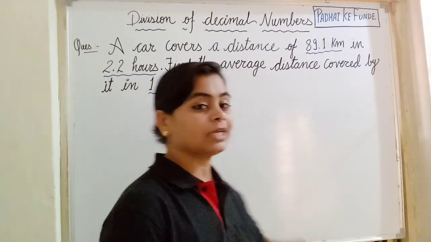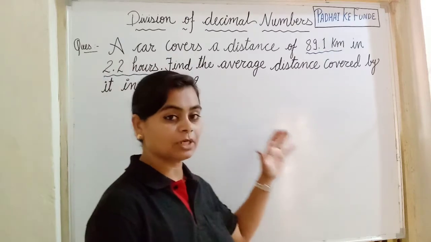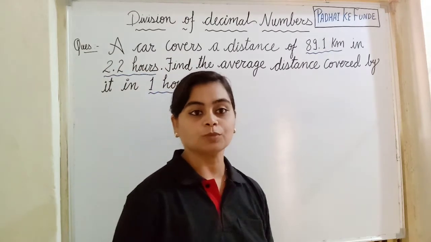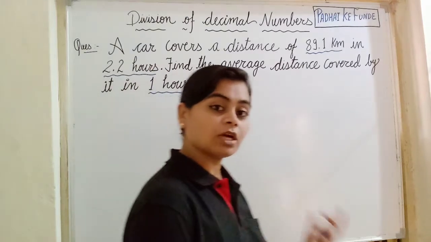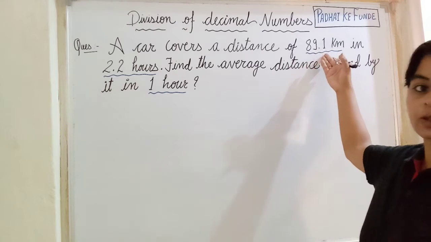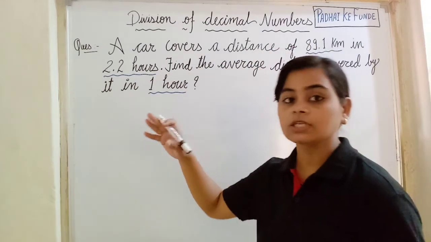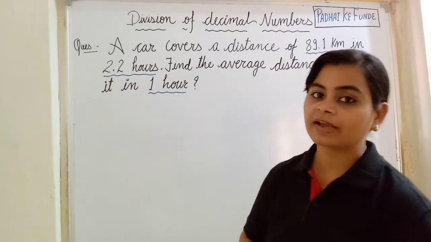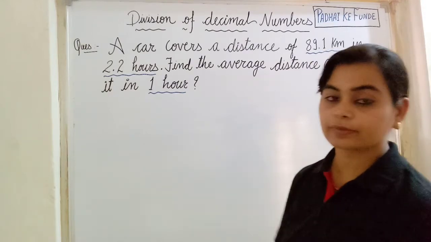First, I would like to tell you how to make the statement for such a question. Sometimes children get confused about where to start, from the kilometer quantity or the hour quantity. To make it simpler, find which two quantities are given in the question.